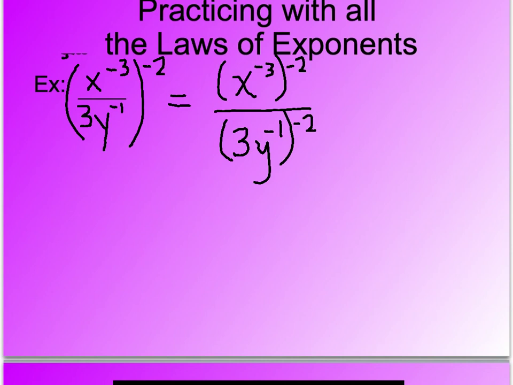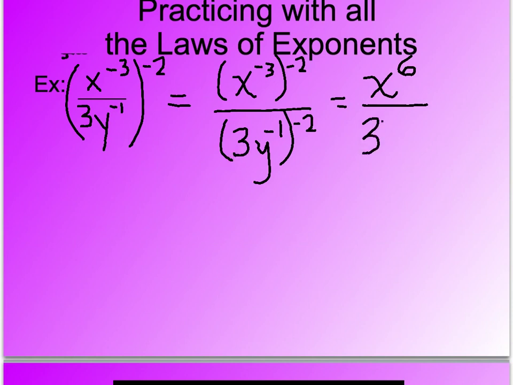Now I've got to apply the negative 2 mathematically to the negative 3, and I know that a power to a power means I multiply. So I'm going to get x to the 6th. In the denominator, I've got to apply this negative 2 to both the negative 1, and I've also got to give it to this 3.